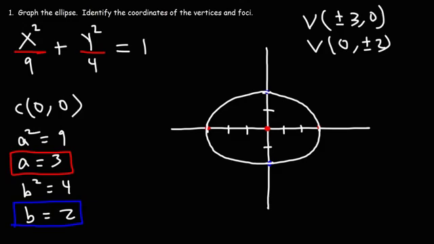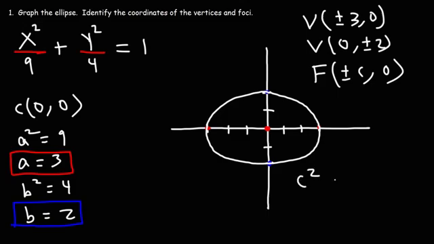Now how can we find the coordinates of the foci? The coordinates of the foci is going to be (plus or minus c, 0). It's going to be along the major horizontal axis for this problem. So since a is along the x-axis, the foci will be along the x-axis as well. So we need to determine c.